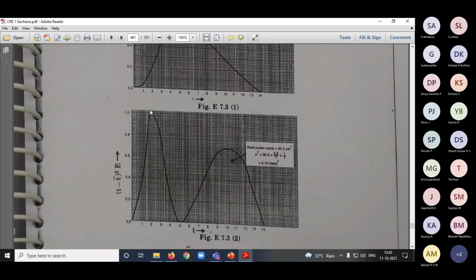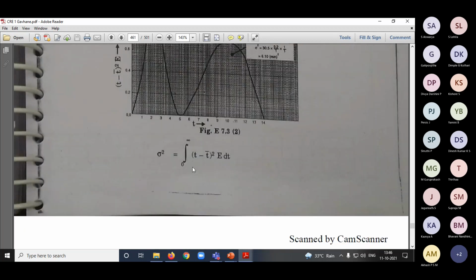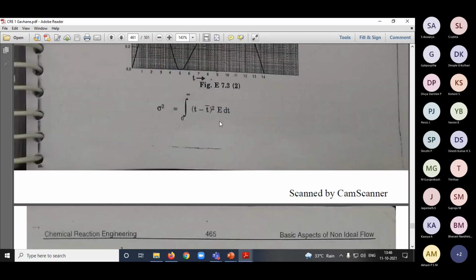Whenever there is an E curve like this, with 2 peaks, that means there is a strong bypass here. So the total amount of the material is coming at a peak of around 2.5. There is one more bypass inside, maybe around 10, right? So that is what you have to understand from this. And then calculate the variance. Variance is nothing but this.